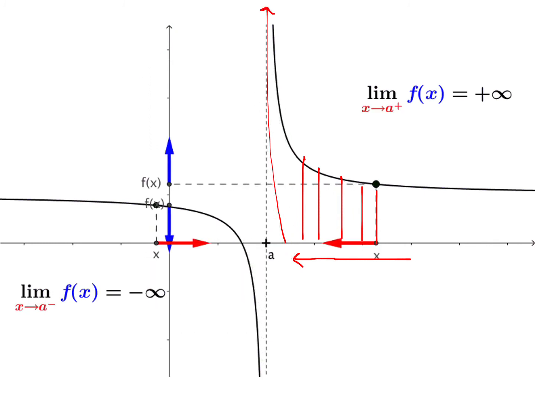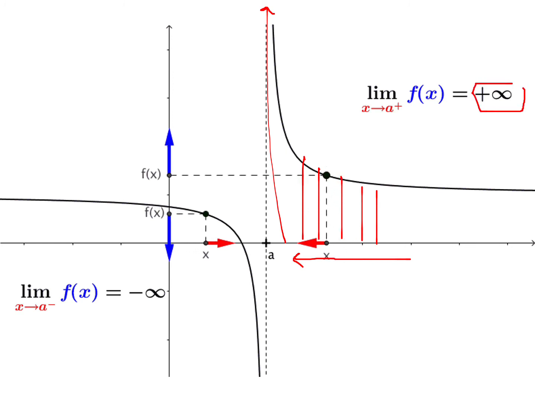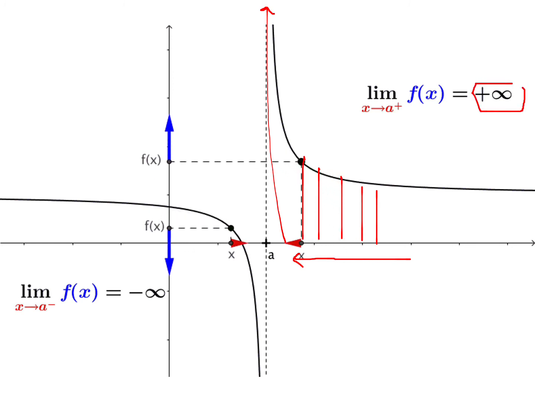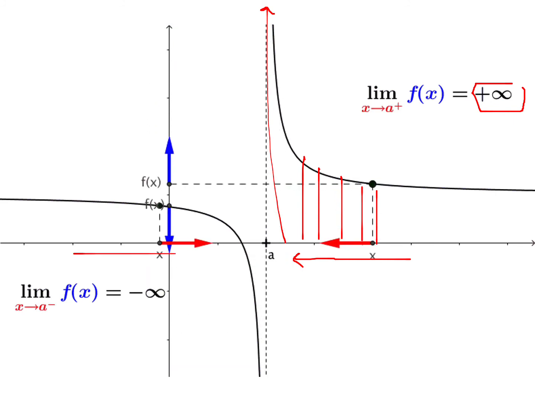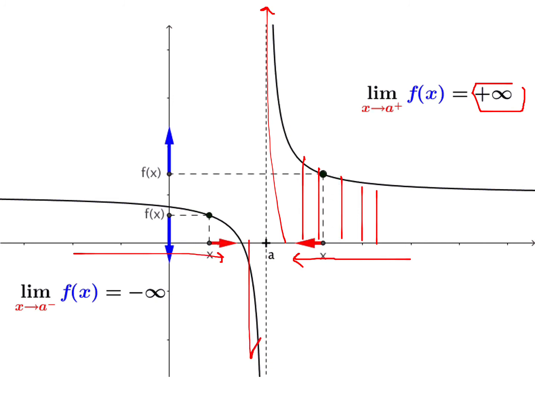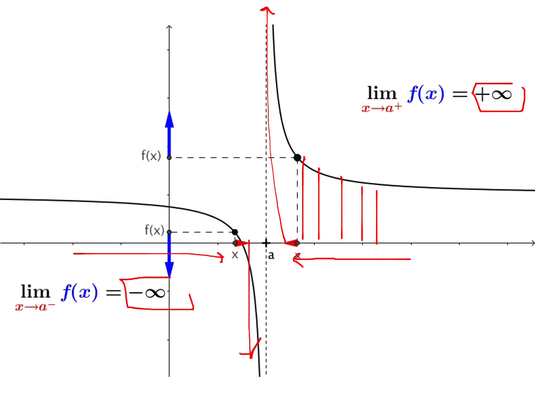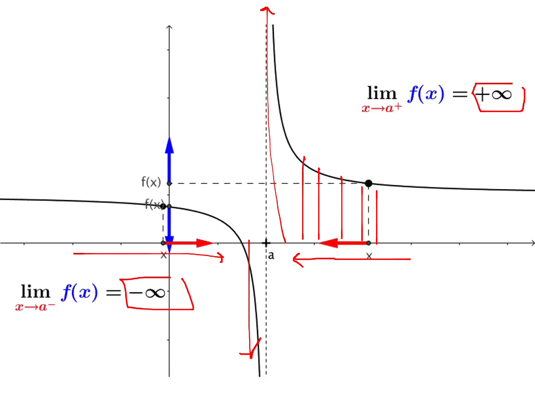So in this case, we can say the limit from the right is plus infinity. And when x goes to a from the left, the heights are changing till reaching -infinity. So in this case, we have two different limits. One goes to infinity, one goes to -infinity. So also the limit does not exist.